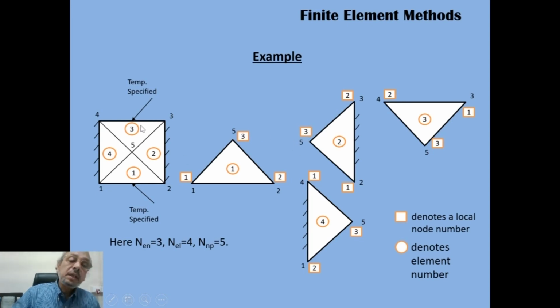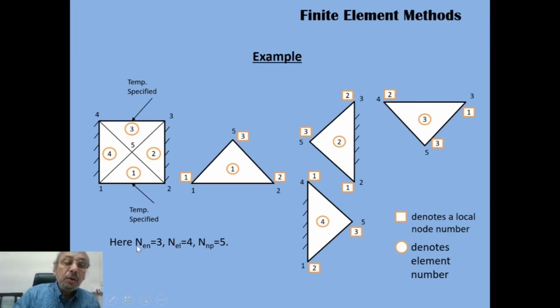Now take the third element. This is the element number. Again 1, 2, 3 are the local node numbers. But with respect to global node numbers, this is 3, this is 4, this is 5. Finally, the fourth element, element 4. 1, 2, 3 are the local node numbers, but the global node numbers are 1, 5, 4.